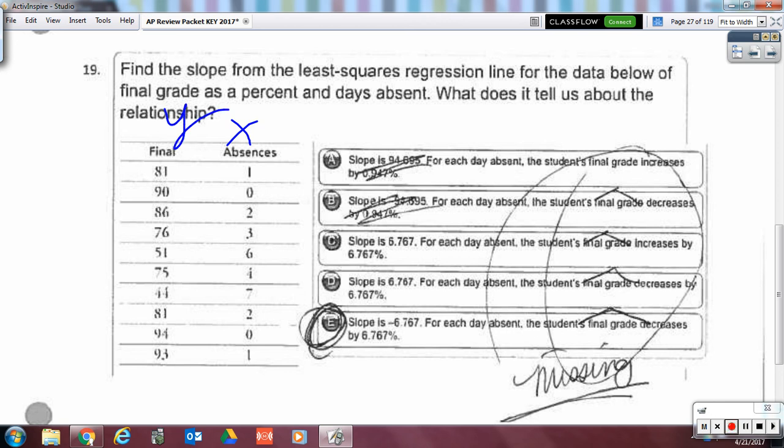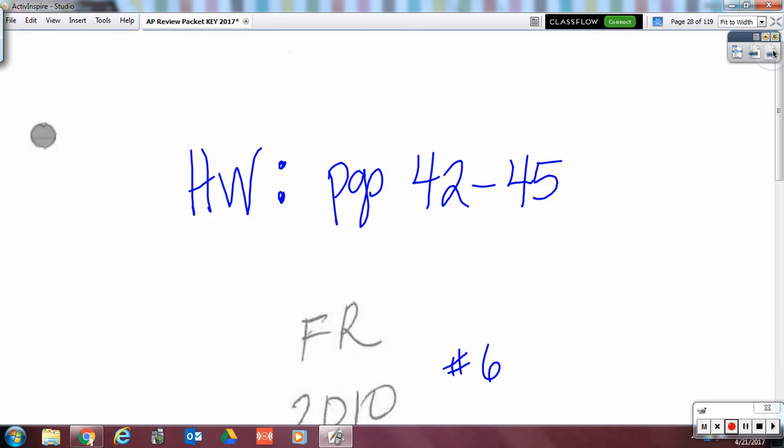I do not like any of these equations, because to interpret the slope, you say for every one increase in the days absent, the predicted grade goes down by 6.7%. All of these are missing predicted, but since they all are, I'll just pick the next best thing. Is that it on those?